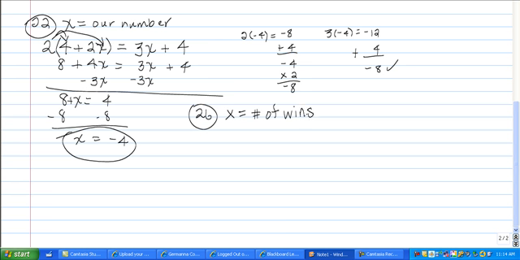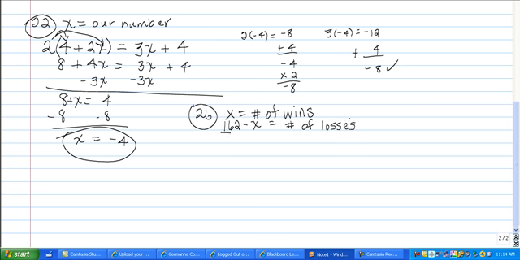The number of losses, since they played a total of 162 games, would have to be 162 minus the number of wins. That would give us the number of losses. Okay.